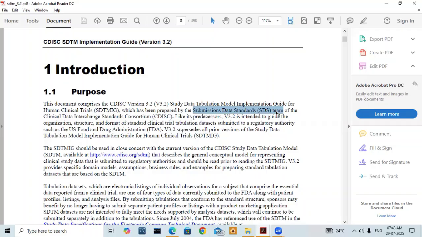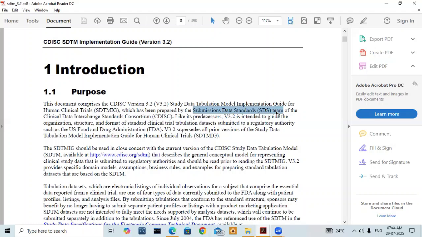Because the FDA wants the data to be submitted in a particular format. That format, the protocol, is given by the FDA. So as per that format only, the data has to be submitted.